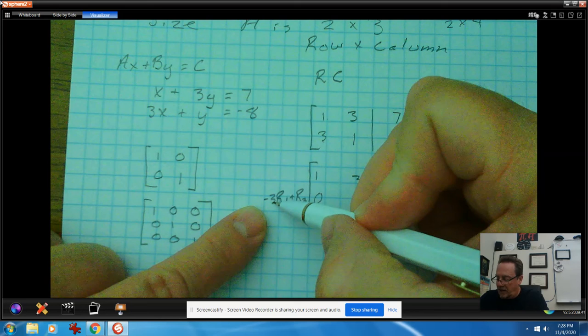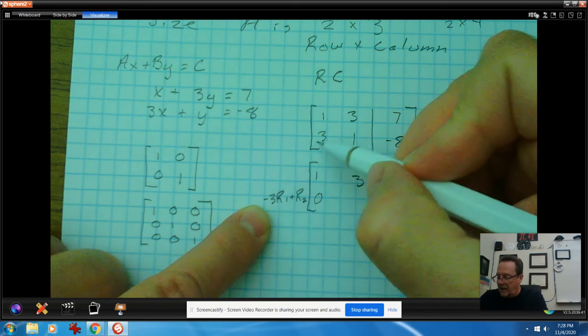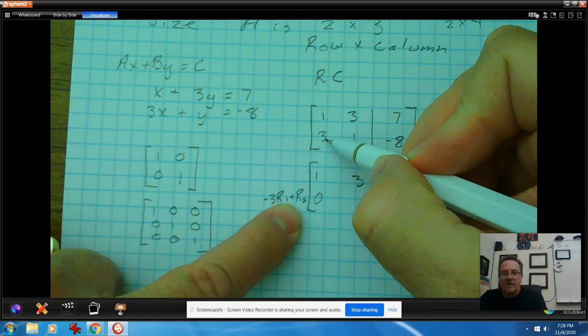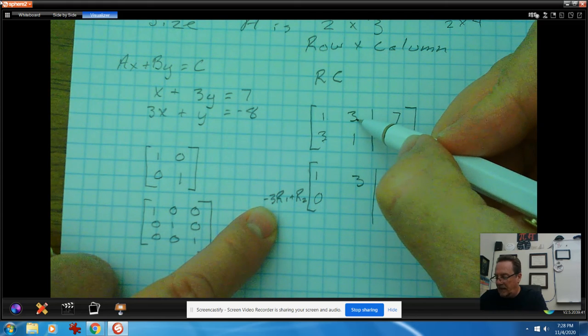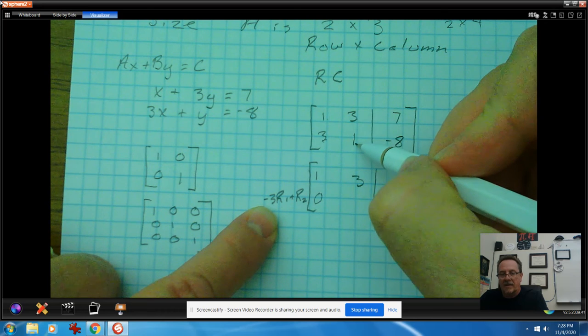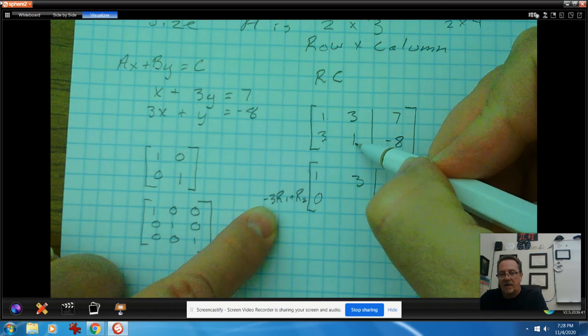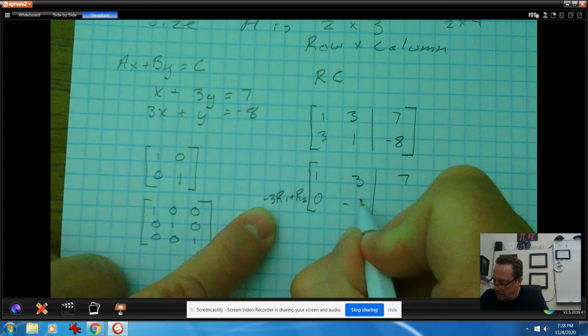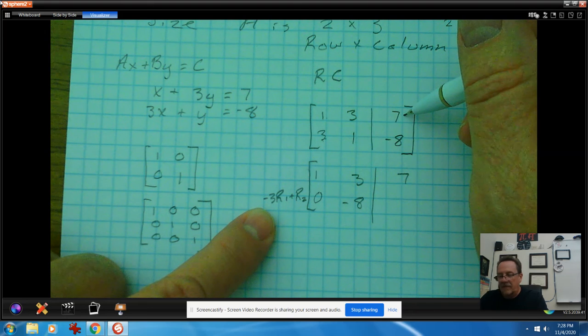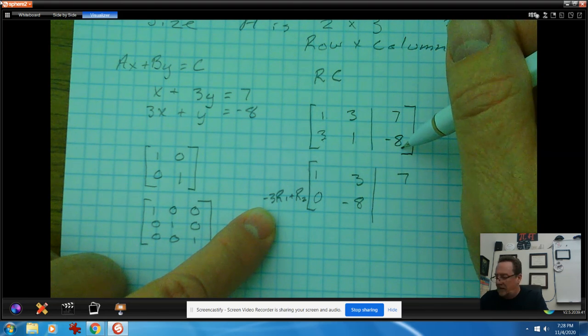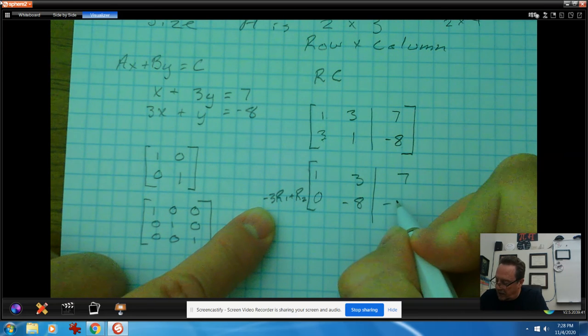I took 1 times -3, but I got to add that then to the 3 that's in row 2. Okay? And then I'm going to take -3 times 3. That's going to give me -9, and add that to this number to give me -8. And then I'm going to take -3 times 7, and that gives me -21. And I add it to my -8, and that gives me like what, -29?